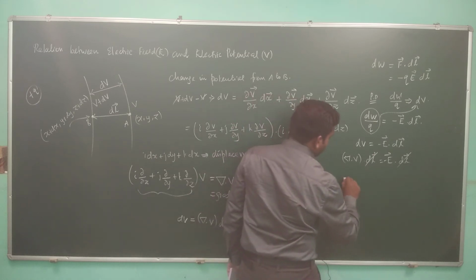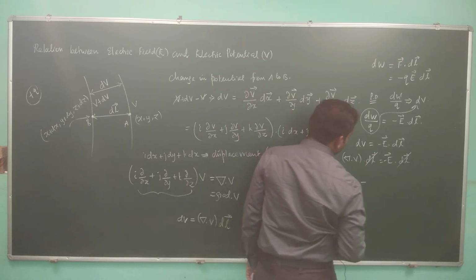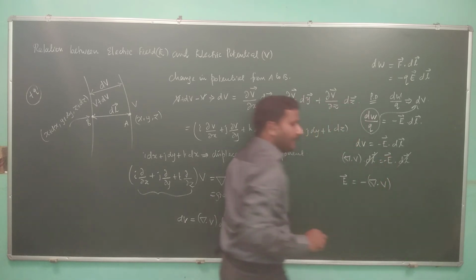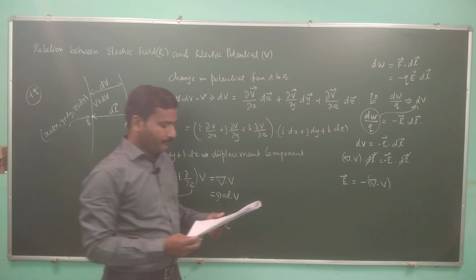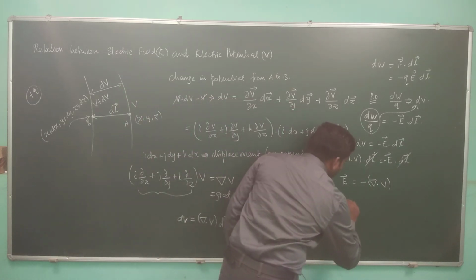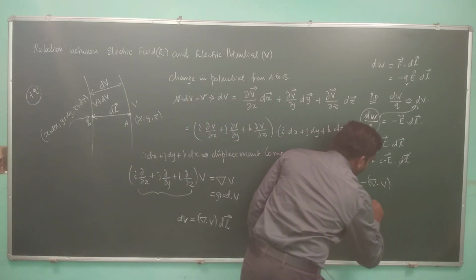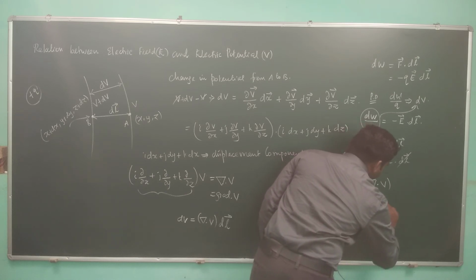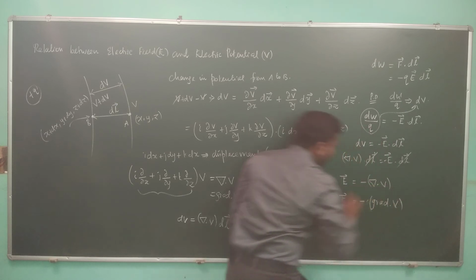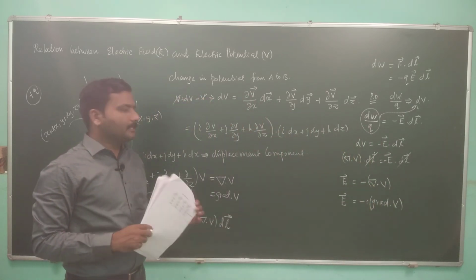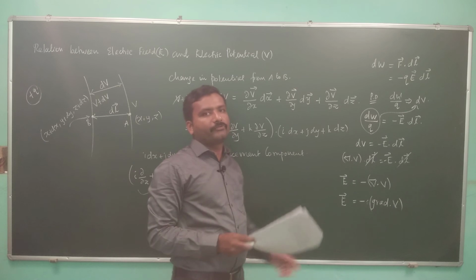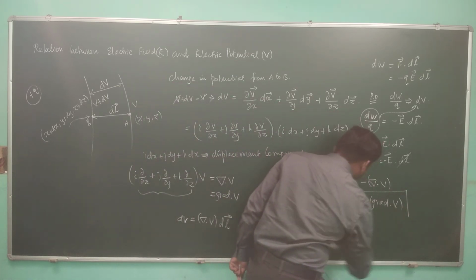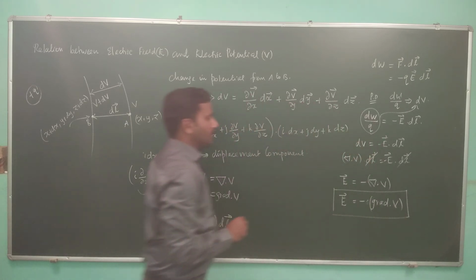Now we can write the electric field E is nothing but minus del V. That is, the electric field is the negative of the gradient of the potential. So this is the relation between electric field and electric potential.